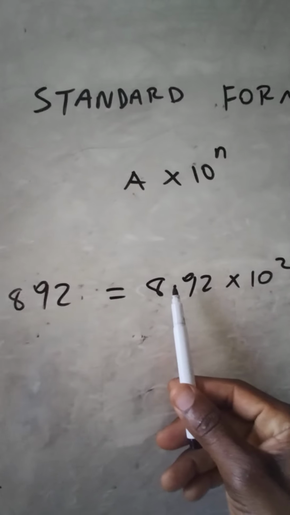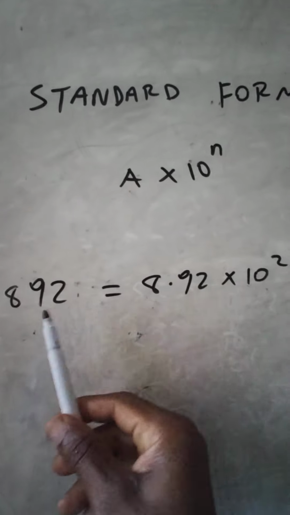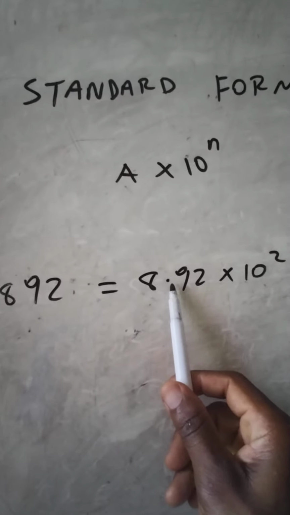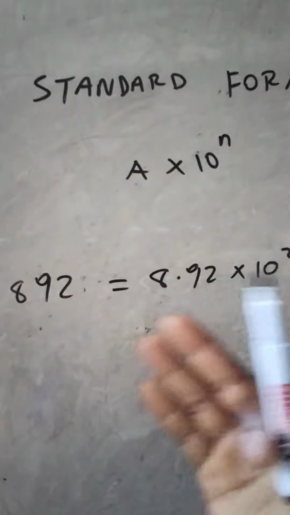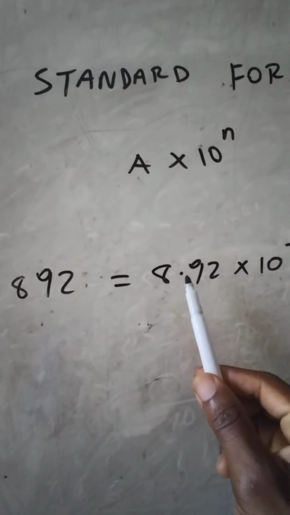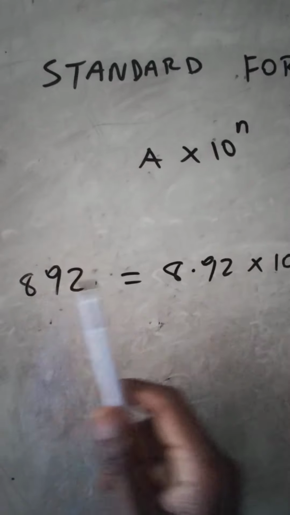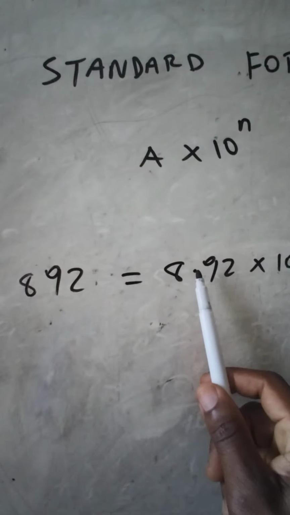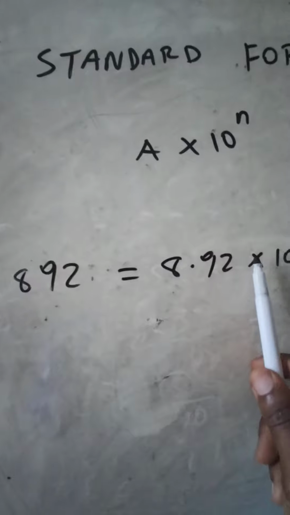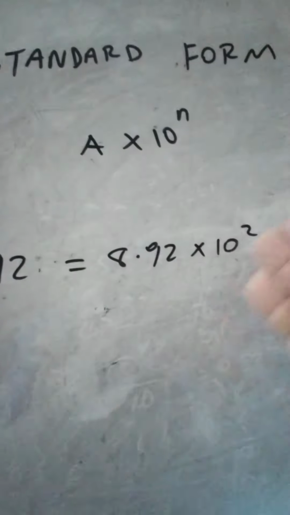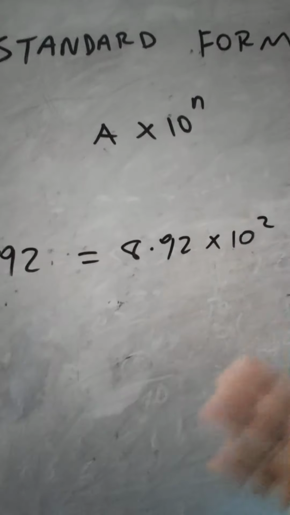We put the point after the first number. Then you ask which direction you go to get back to your original number. Your original number is 892, which is here, and the point is here. Which direction do you go to get back to 892? 1, 2. So you go 2 places to the right. That's why we have 10 to the 2.